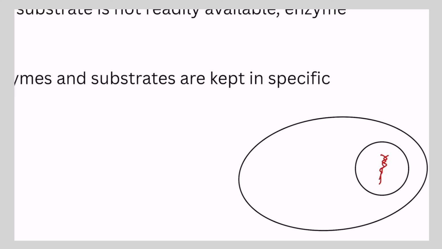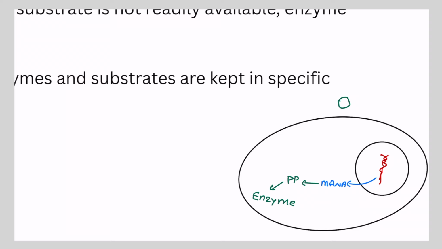And for some enzyme to start working, you would need this to be transcribed into mRNA. And you need this mRNA to get translated into a polypeptide chain. And this polypeptide chain at the end is going to become an enzyme, which is a protein.